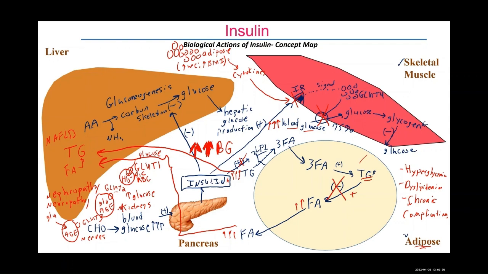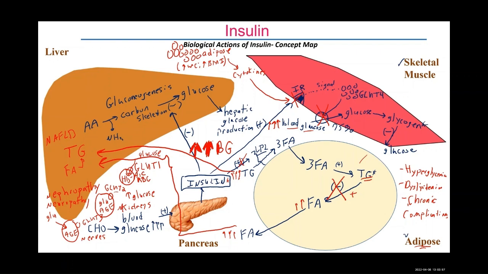And then insulin will also go to your adipose tissue, where it's going to activate lipoprotein lipase, and you're going to break down triglycerides so you can take them up by the adipose tissue and store those triglycerides, right, for future use. Just like with glucose, you're storing it for future use.